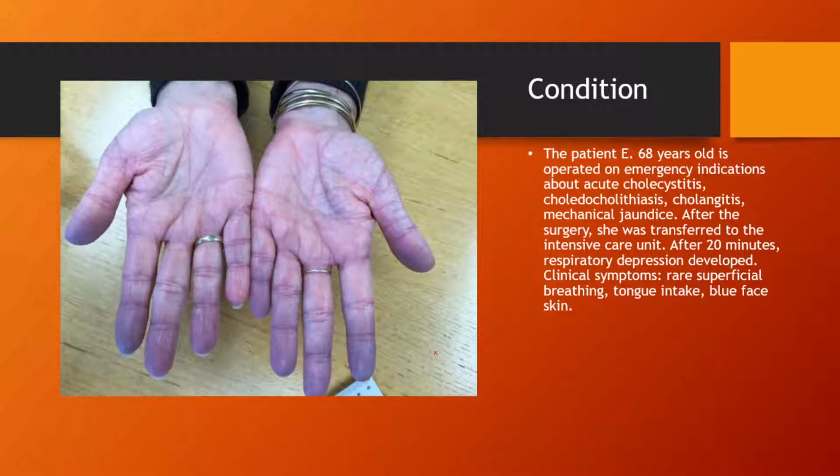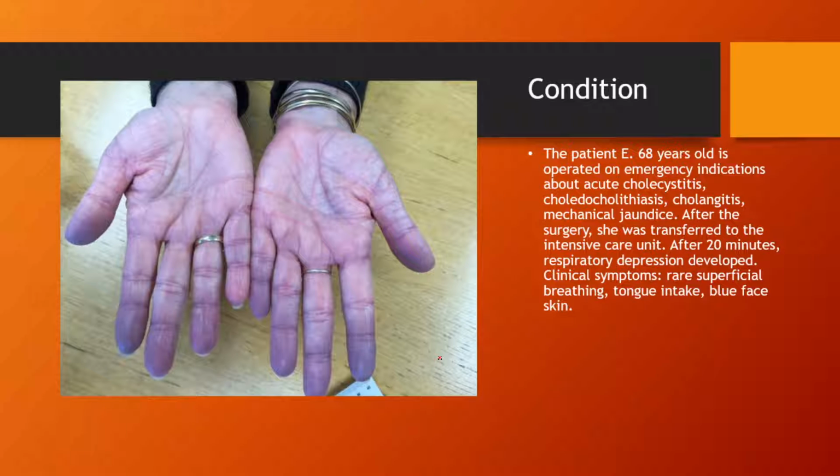Next condition. The patient, 68 years old, is operated on emergency indications for acute cholecystitis, choledocholithiasis, cholangitis, mechanical jaundice. After the surgery, she was transferred to the intensive care unit.